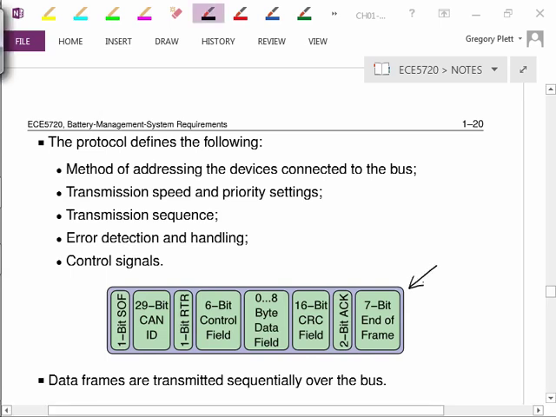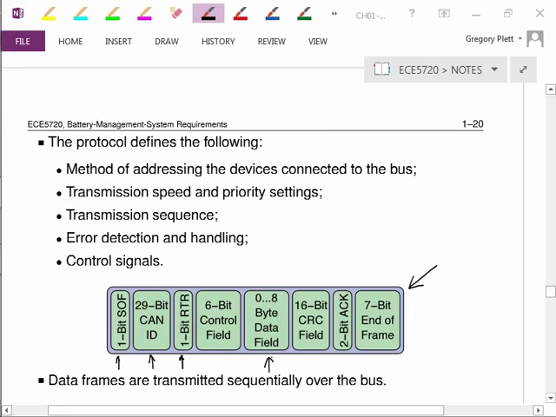This here is one data frame, so we have a 1-bit start of frame signal, and either an 11 or 29-bit address of the recipient of this message, a 1-bit RTR. I always forget what RTR stands for. It's request to something. I want to say receive, but I don't think that's right. There's a 6-bit control field which says how to interpret the data, and there's 0 to 8 bytes of data. That's the actual message that you're transferring.